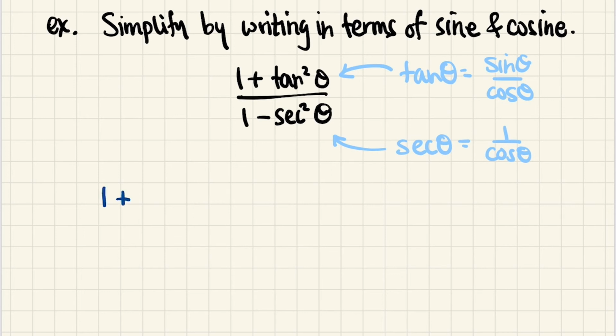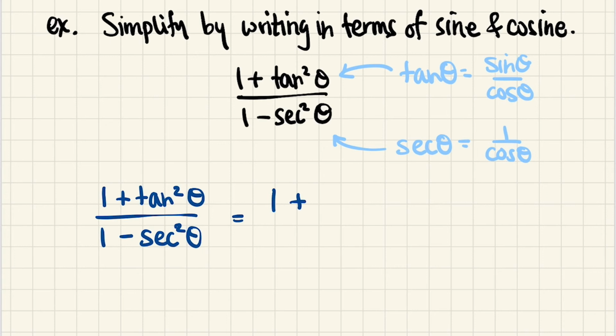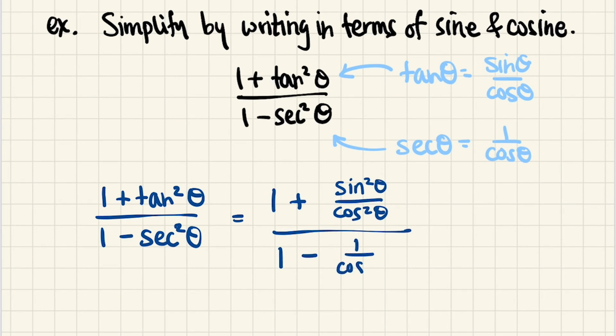So here's the original. And now let's replace tangent with sine over cosine, which means that tangent squared is sine squared divided by cosine squared. And secant squared is 1 divided by cosine squared.